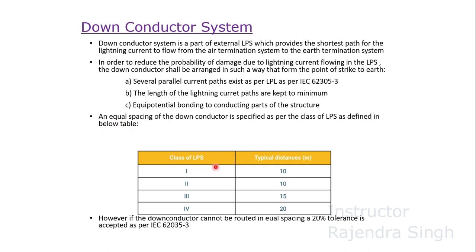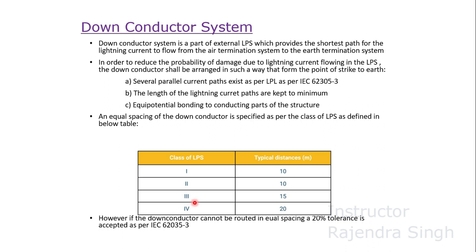So if the class of LPS is 1, the typical distance between the down conductors shall be 10 meters. If it's LPS 2, then also the spacing between two adjacent down conductors has to be 10 meters.